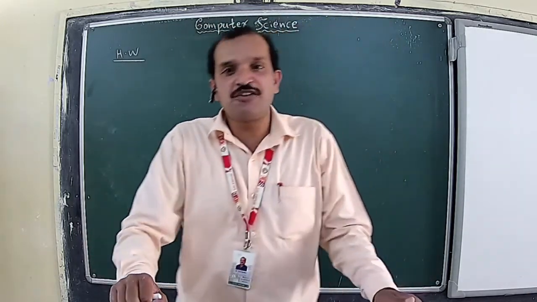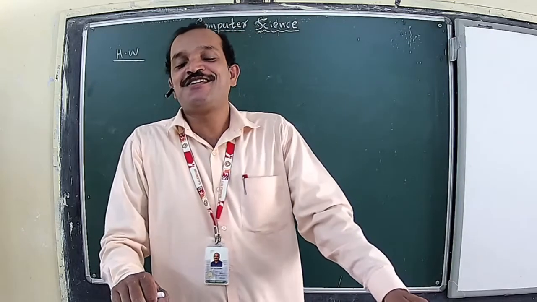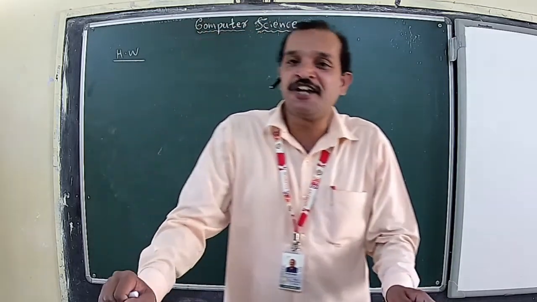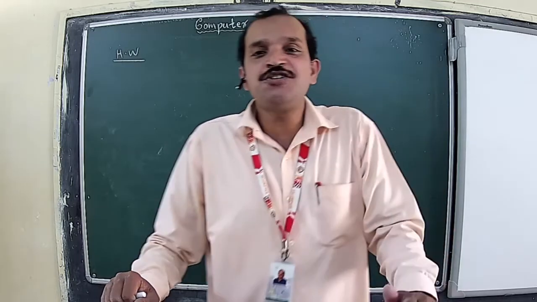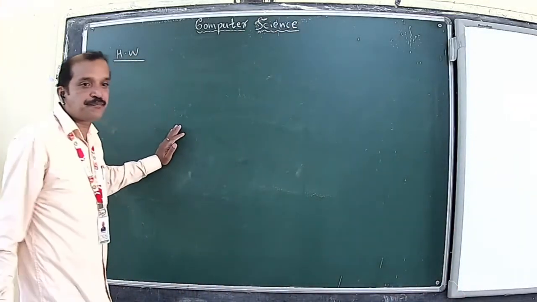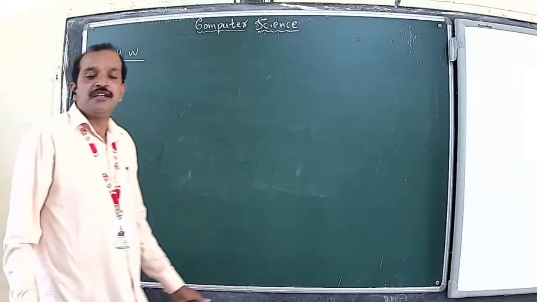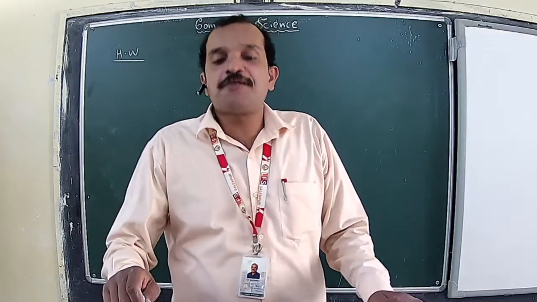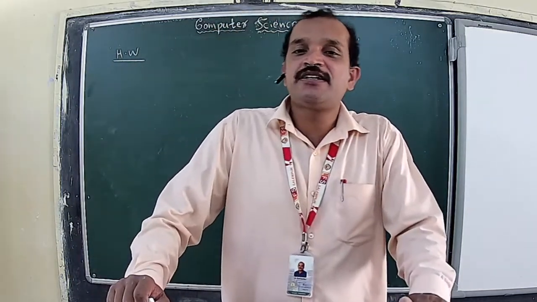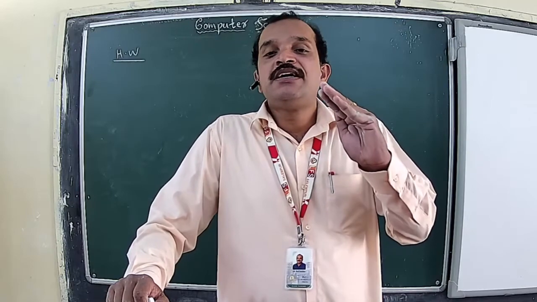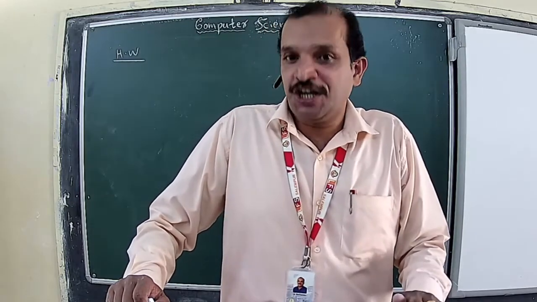Your first homework will be, you have already seen how to find the sum of elements in an array, but your first homework is a program to find the sum of odd numbers in an array.